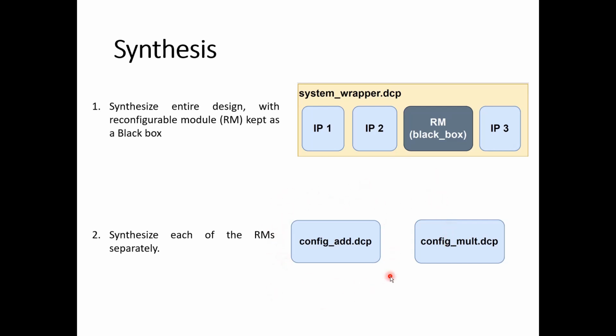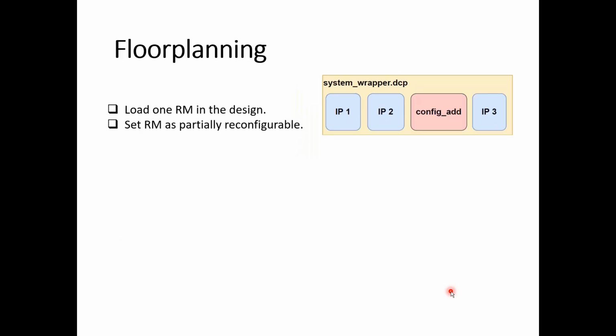So we will synthesize these two. If we have multiple modules like division or square root, we will have to synthesize all of these reconfigurable modules separately. So after the synthesis is completed, we will have an entire system design as well as all of the reconfigurable modules synthesized. Then we will go for the floor planning.